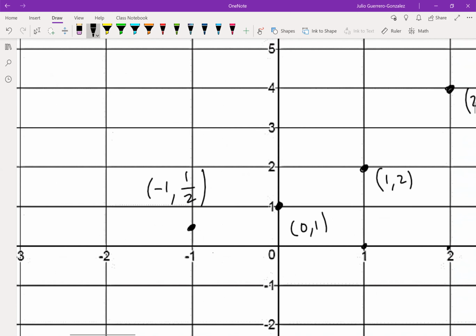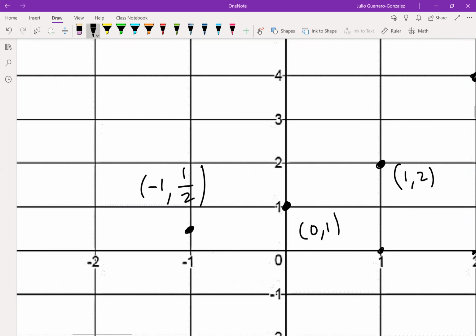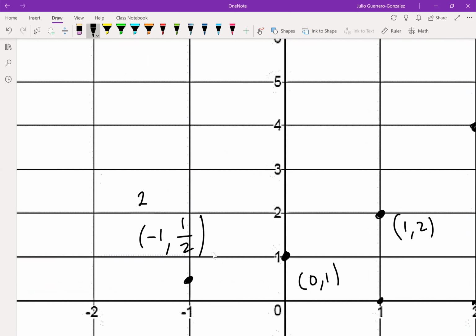If we plug it into 2 to the -1, we know from Monday that that is true, and that's how we get our value here.